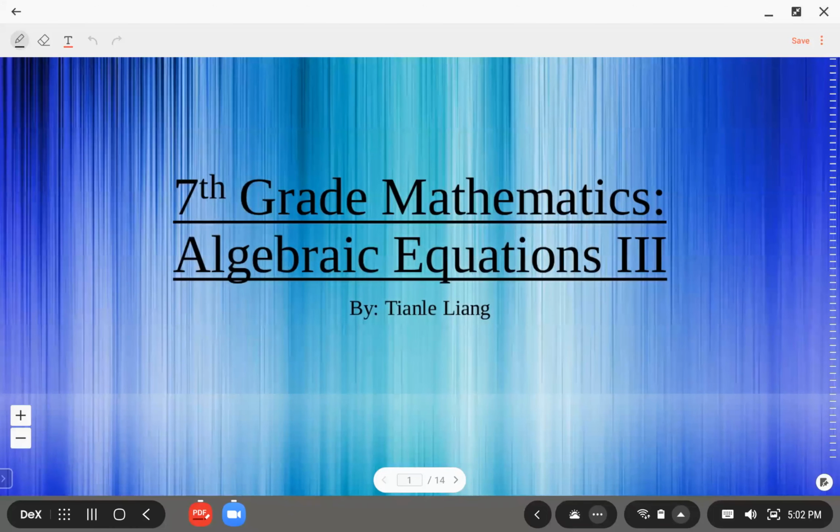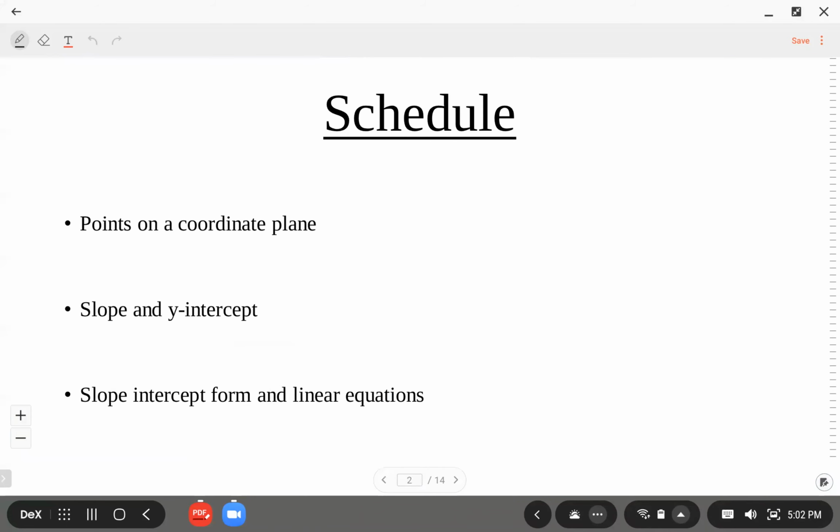Today we are going to be studying some algebraic equations, and this will be the 7th grade curriculum. This is a continuation of last class. So this is our schedule. First we're going to review how to graph points on a coordinate plane. I'm sure you all have a basic understanding of that.